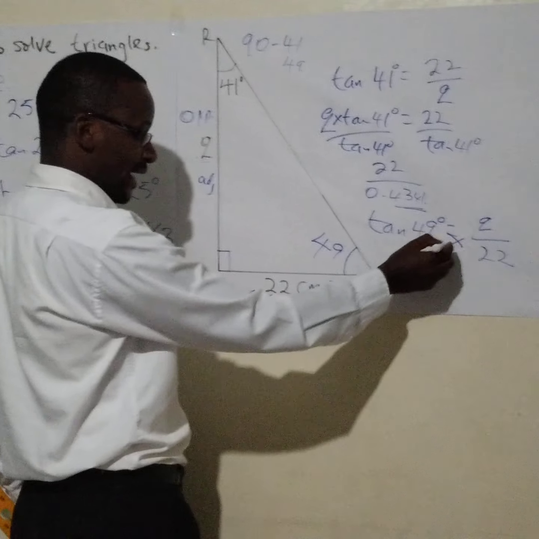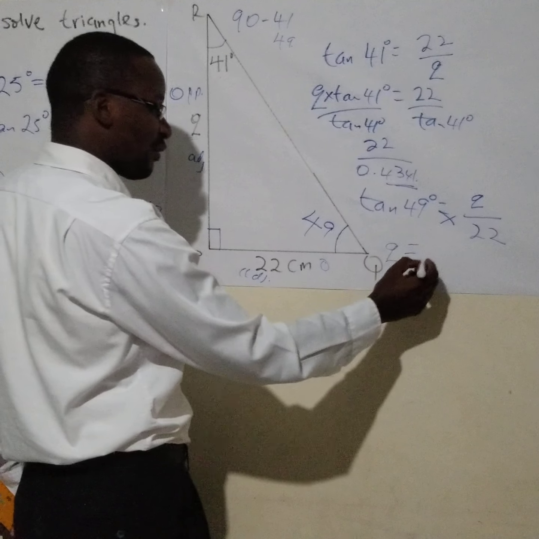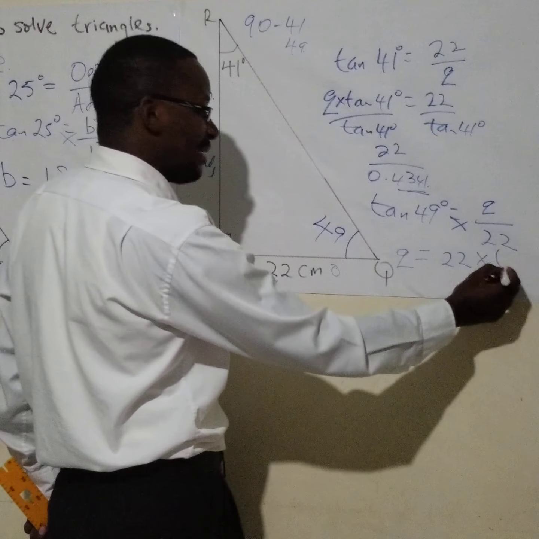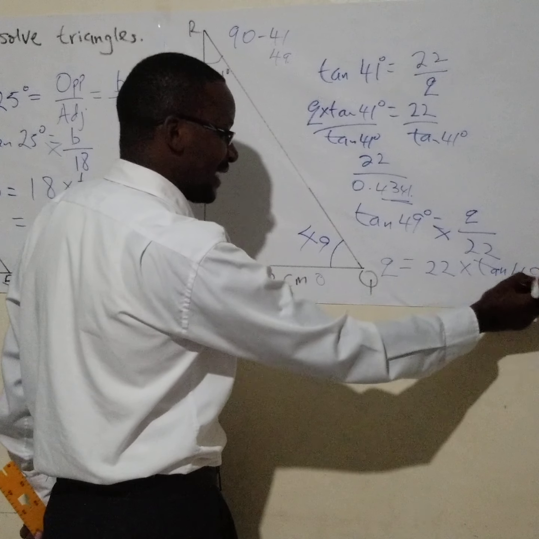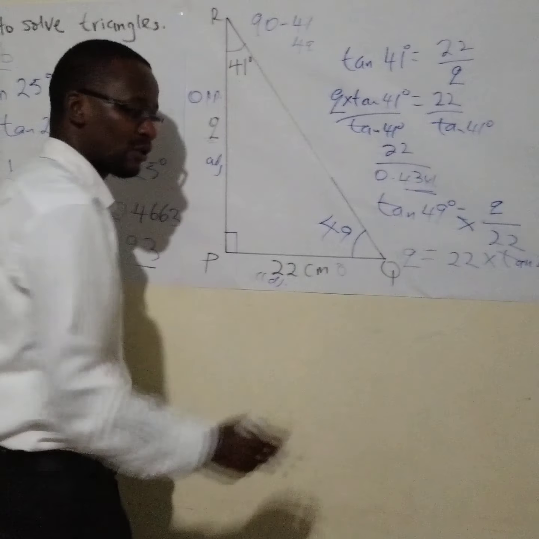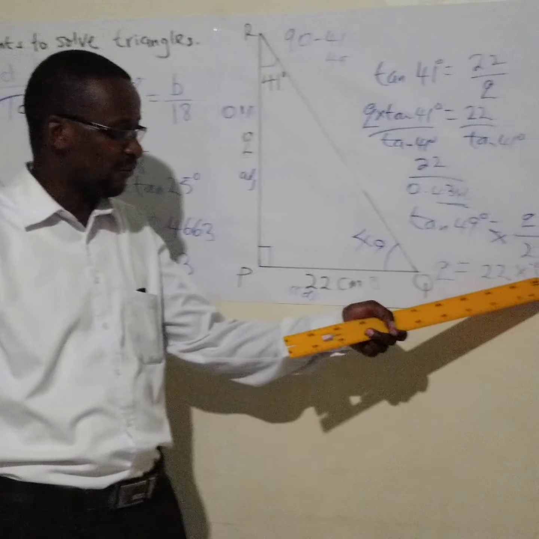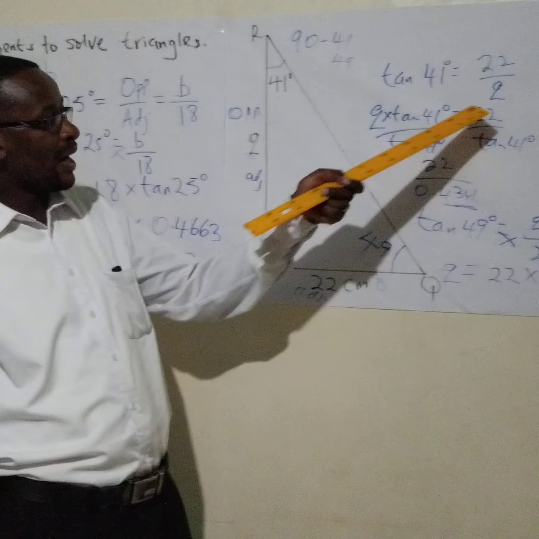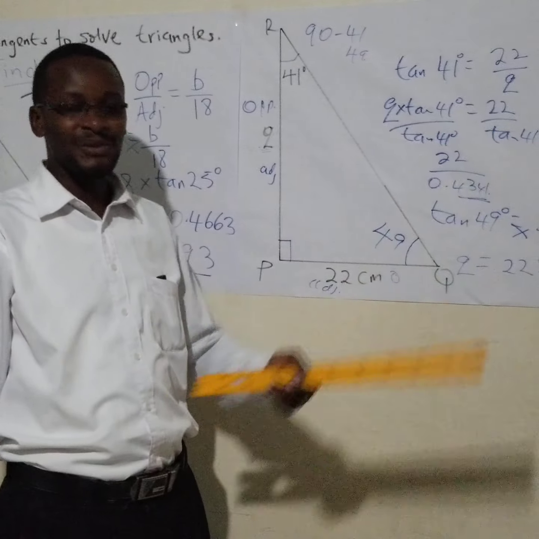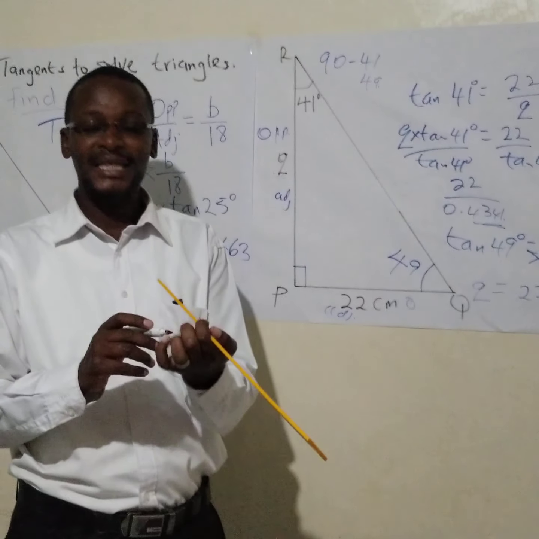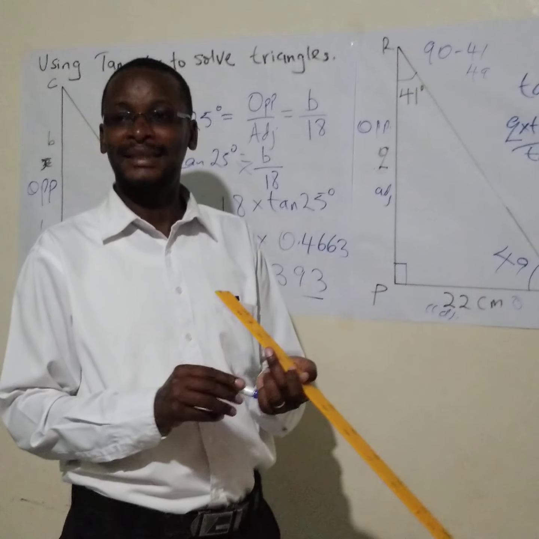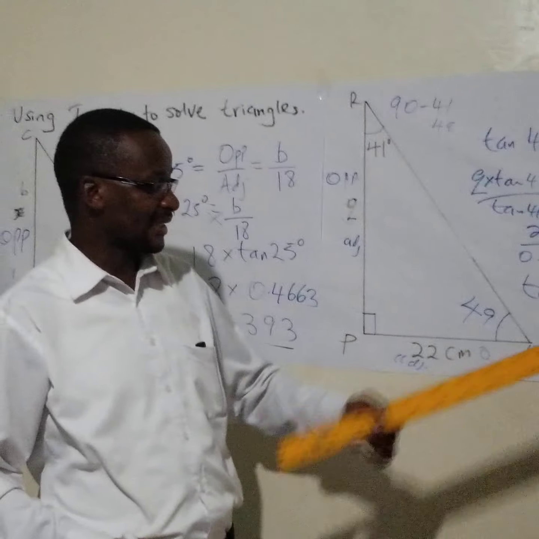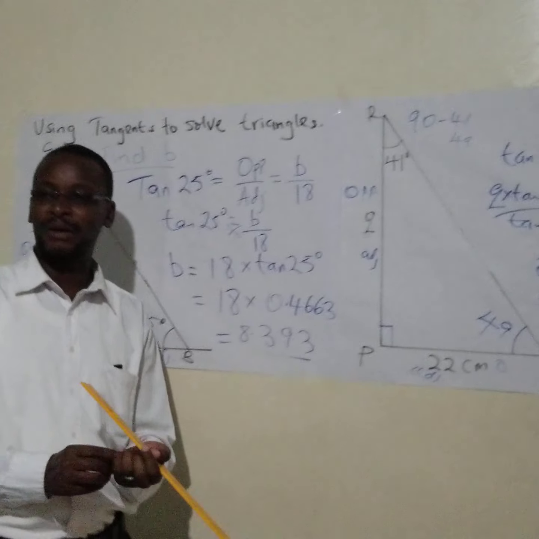Then you cross multiply, and you get q is equal to 22 times tan 49 degrees. It is easier to work out 22 times tan 49 than 22 divided by tan 41, but the answers will be exactly the same. So work that out and see what you are going to get.